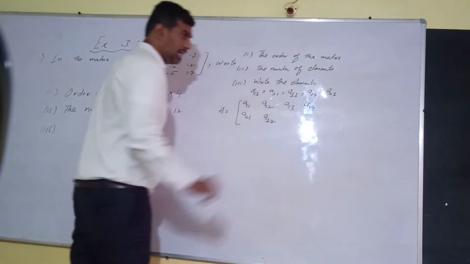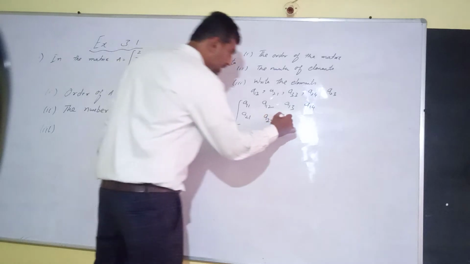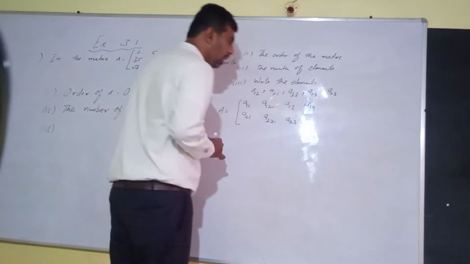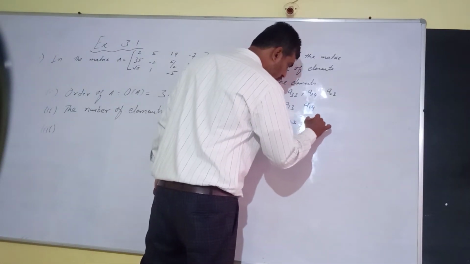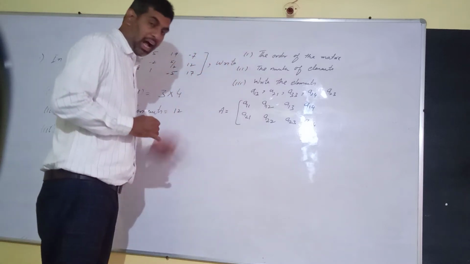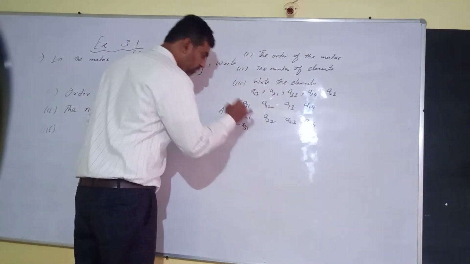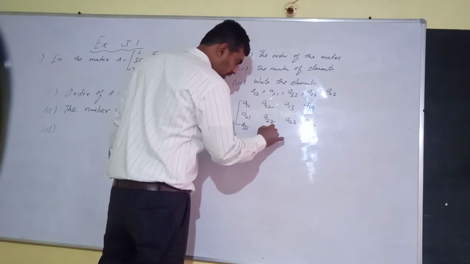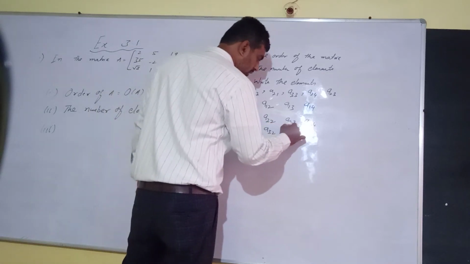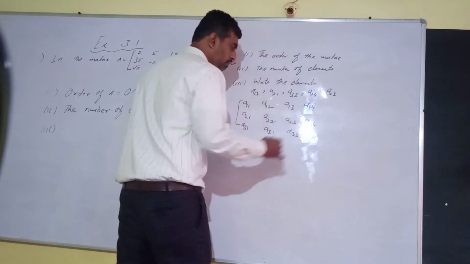Second row, second column. Second row, third column. Second row, fourth column. Again we change the row. Third row, first column. Third row, second column. Third row, third column.